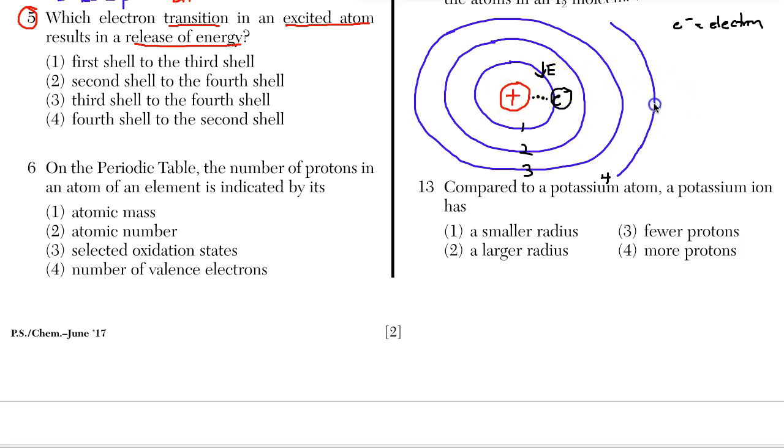Now, electrons that can exist out here on the fourth energy level are farther away from the nucleus, and because of that distance, they feel the nucleus less. Because of that, they have higher energy. Another thing you should be aware of is that things that have lower energy are said to be stable.